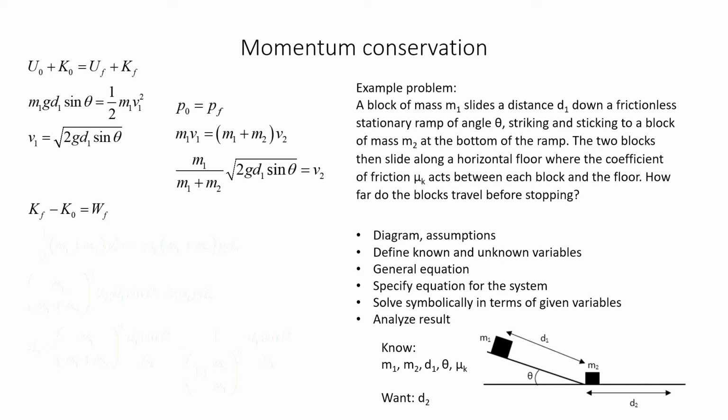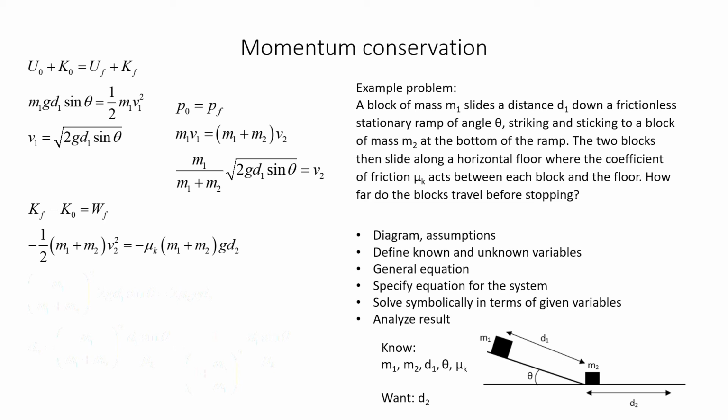Now I can do a work kinetic energy theorem approach for the blocks sliding along. I have the change in their kinetic energy equals the work done by friction. The change in their kinetic energy, since their final kinetic energy is 0, their final velocity is 0, is minus 1/2 m1 plus m2 on v2 quantity squared.